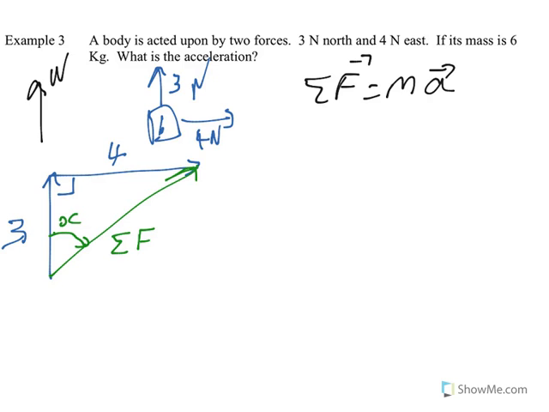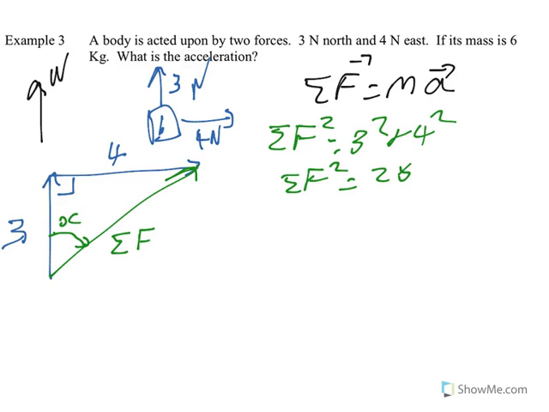Pythagoras says that the sum of the forces squared is 3 squared plus 4 squared. So the sum of the forces squared would be 9 plus 16, 25.